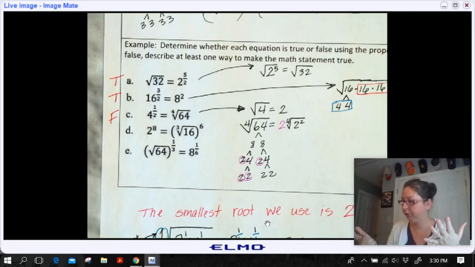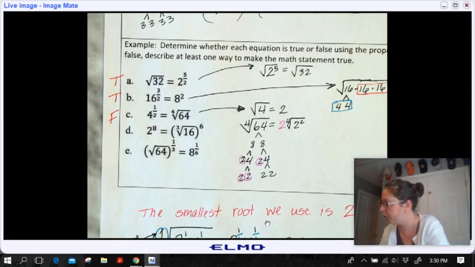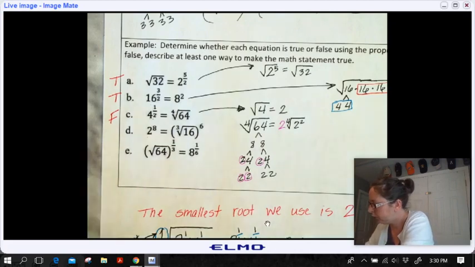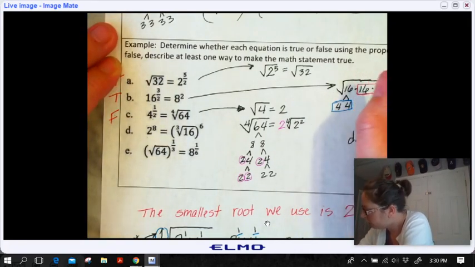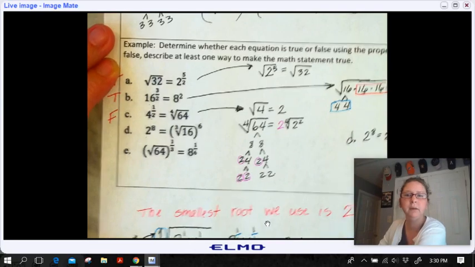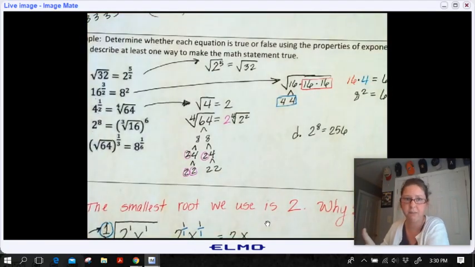I got 256 out of my 8 twos. So I'm going to put D over here. Okay, so 2 to the 8th power, I got 256.